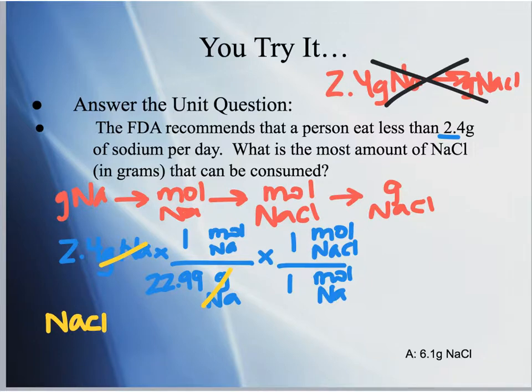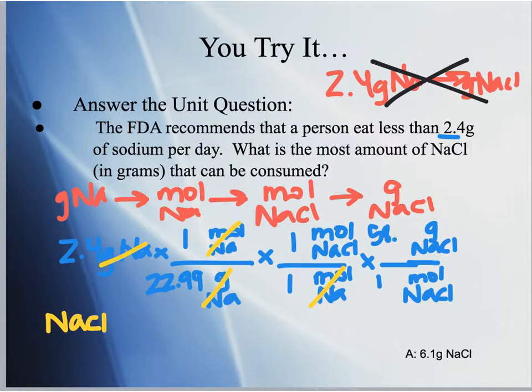All right, so again, that takes care of our moles of sodium units. And now the last step is to go from moles of sodium chloride, so that'll go on the bottom so that it cancels, to grams of sodium chloride. Again, we're going to use our periodic table for this, and we'll see that in 1 mole of sodium chloride, if we add a sodium and a chlorine together, we're going to get 58.44 grams.